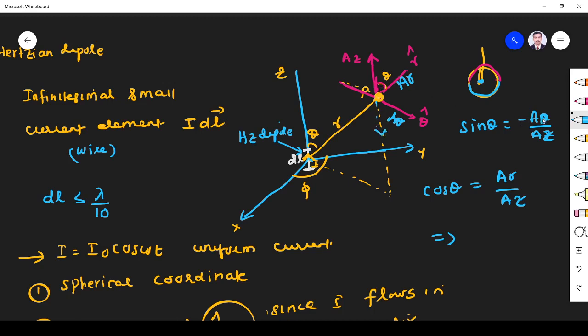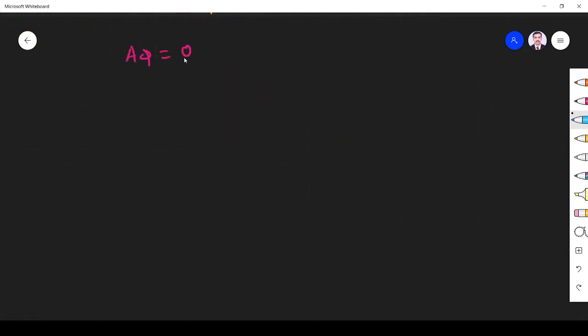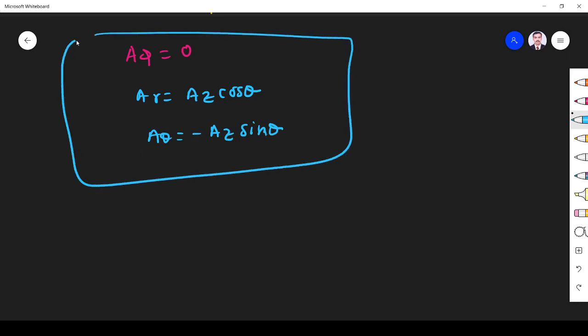So minus A theta by AZ is sin theta. So A theta is equal to minus AZ sin theta, and AR is equal to AZ cos theta. Fine. So we write AR is equal to AZ cos theta, A theta is equal to minus AZ sin theta, and A phi is 0. So these three are very, very important conclusions.